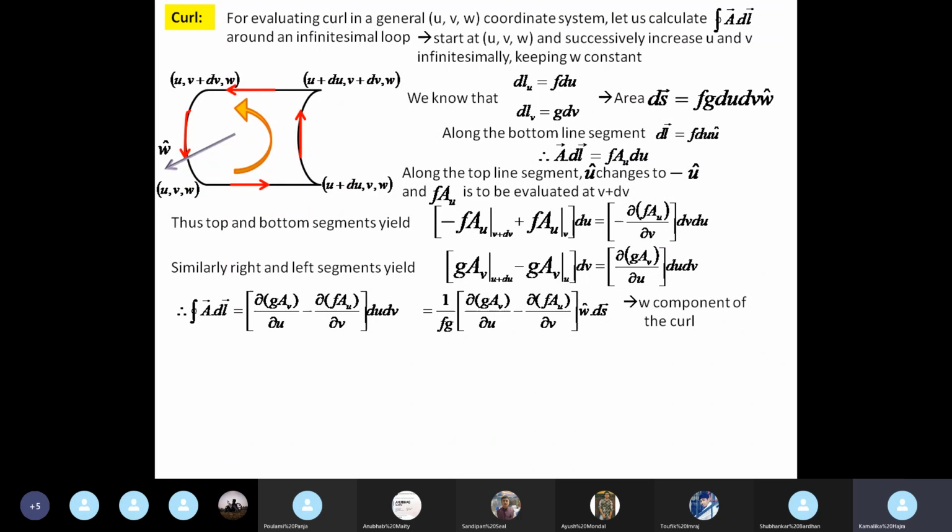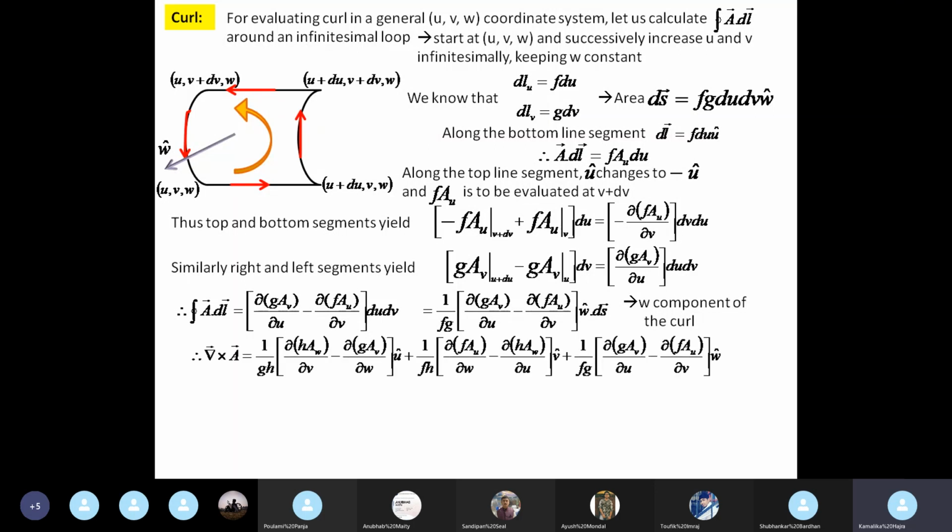This is a little bit difficult. This gives you the W component of the curl. So the total expression of curl in any curvilinear coordinate system having coordinates U, V and W is given by this. I'm not reading it out.